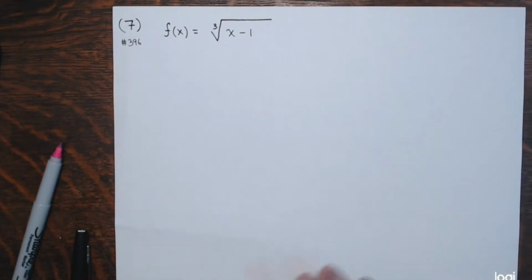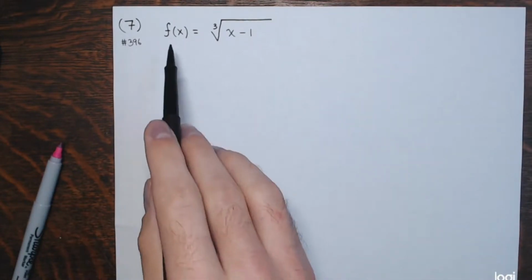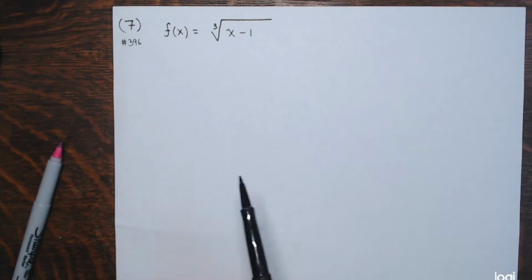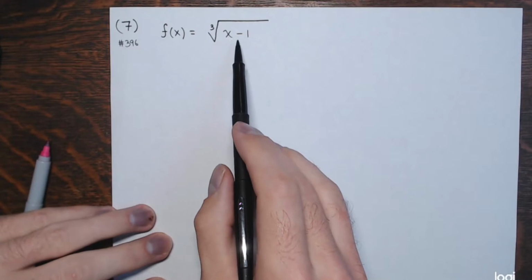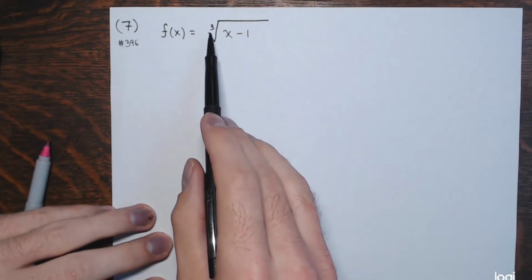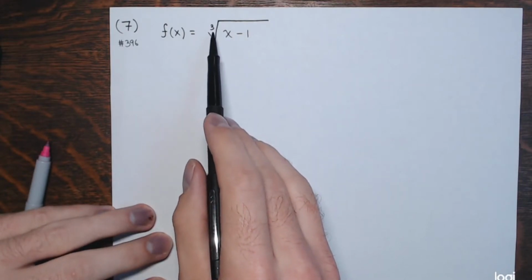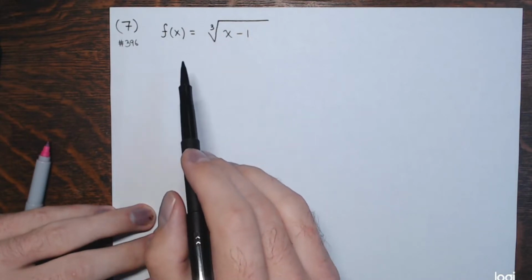So this is number 7. Exercise 396. F of x equals the cube root of x minus 1. Odd root. Remember, you can take odd roots of positive numbers, negative numbers, 0, any real number.